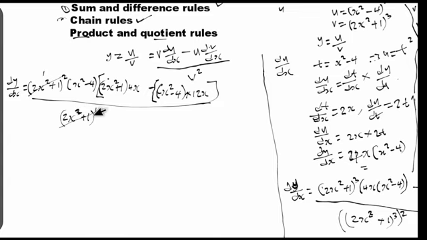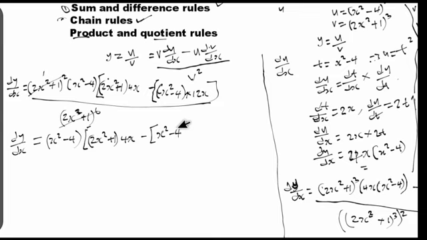Before I write it out, I want you to take note of something here. Let me write it out step by step, I don't want to rush you. dy/ds is equal to, open bracket, s squared minus 4, everything in the bracket, times open bracket, 2s squared plus 1, raised to the power of 2, multiplied by 4s, minus the big bracket opened, s squared minus 4, all multiplied by 12s.